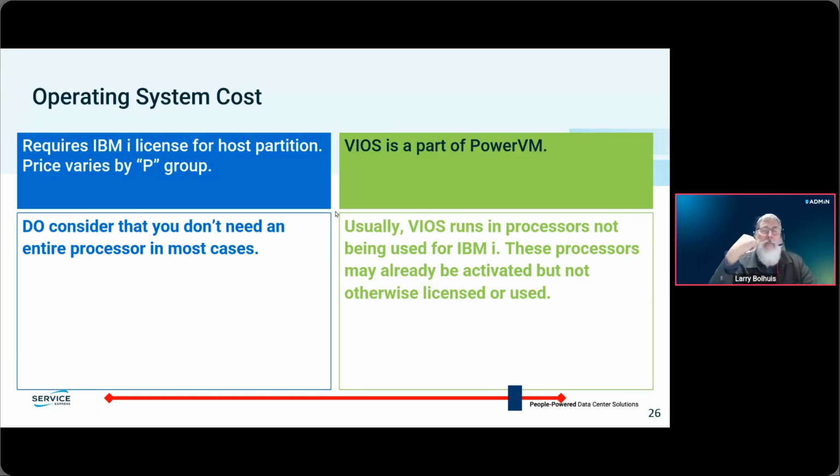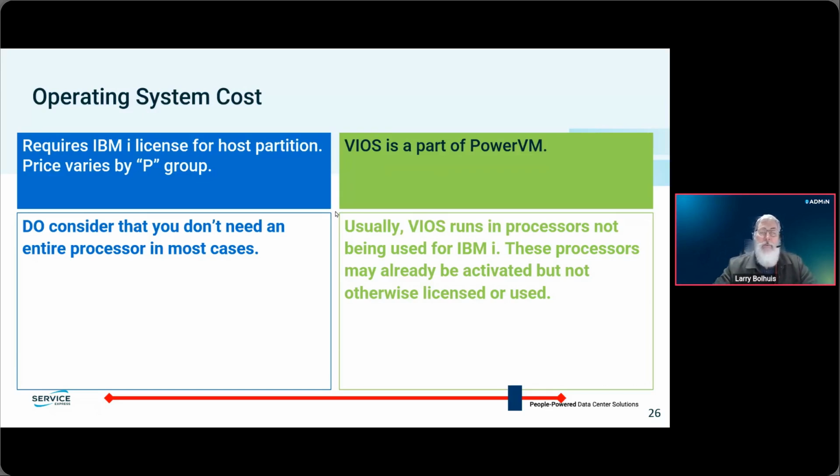In the case of Power VM, though, that is part of VIOS. It's part of Power VM. And VIOS then is usually run in processors not being used for IBM. So you get a machine today, let's say you have a P10 machine with 8 cores, and you need 3 cores to run IBM. That leaves 5 extra cores.